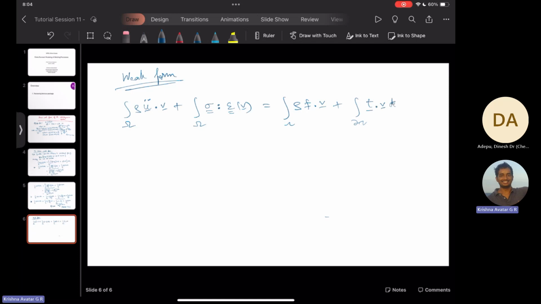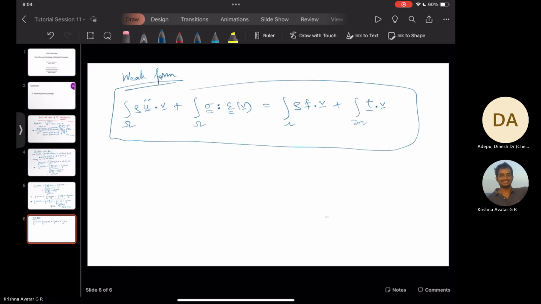I'll just skip this. I'll not write the integration element. So this is the weak form, and this is for a linear problem.